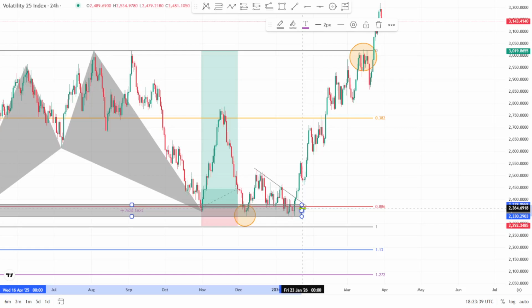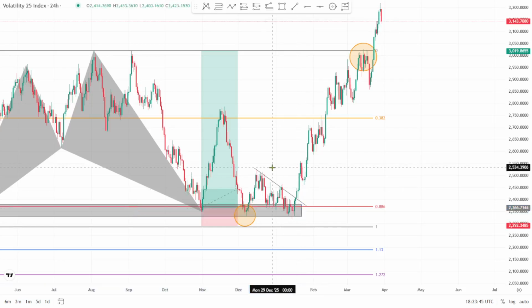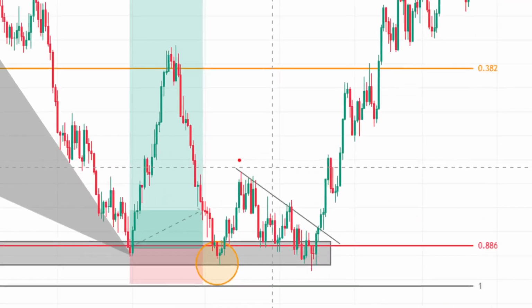Now, if you don't have this knowledge of where price is going to, you are going to make a lot of mistakes here. You are going to blow your account because of this consolidation, because you don't know where price is going to, because you are confused, because you don't have the knowledge.